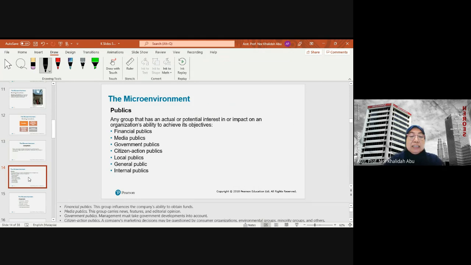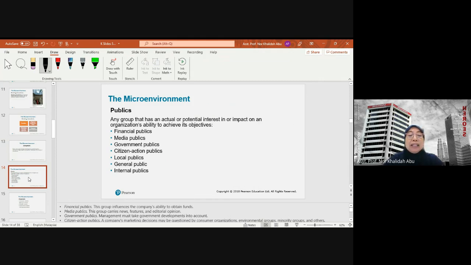These are the government agencies that are very interested in the things that you do, and vice versa, and also the citizen action publics. So it doesn't have to be government. Sometimes you might have organizations like NGOs or political bodies that may be interested in the things that you do, and looking at your activities.